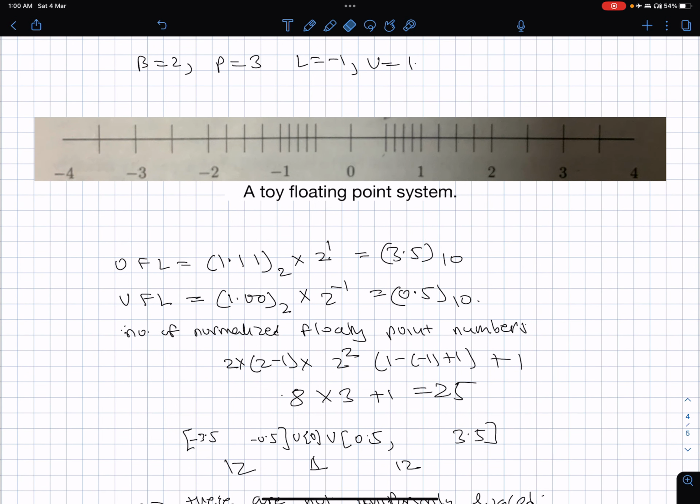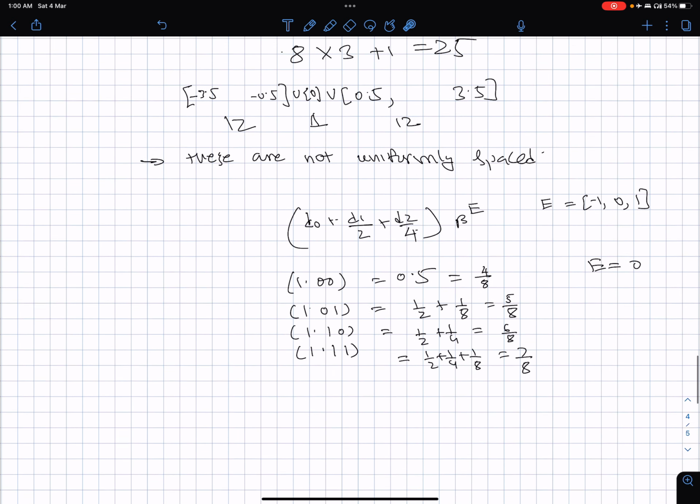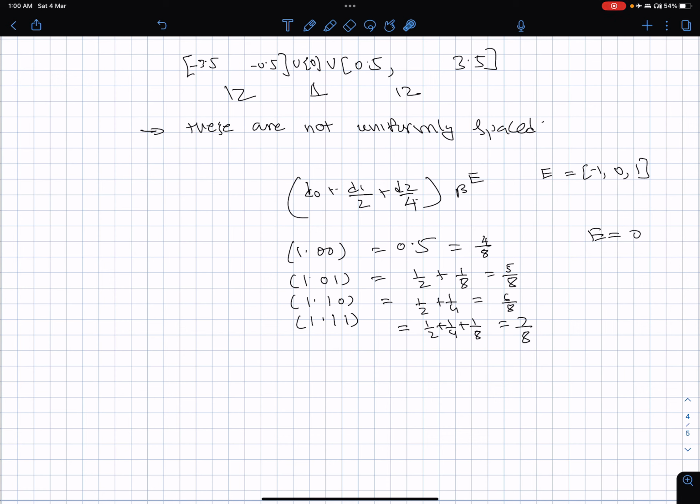So half, or 4/8, 5/8, 6/8, 7/8. You can see this uniform spacing, and then after that you set this bit again to 0.000, and now you take the multiplication factor. I'm sorry, this I did with e taken as minus 1.